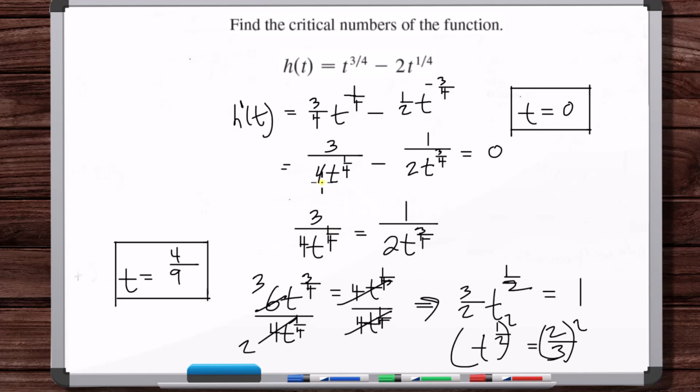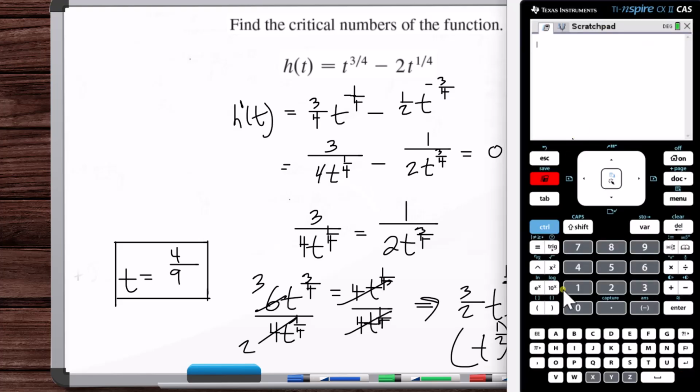So, all right, if we do, okay, we got 3/4 times x to the minus 1/4 minus, well, let's do this, 1/2 times x to the minus 3/4.